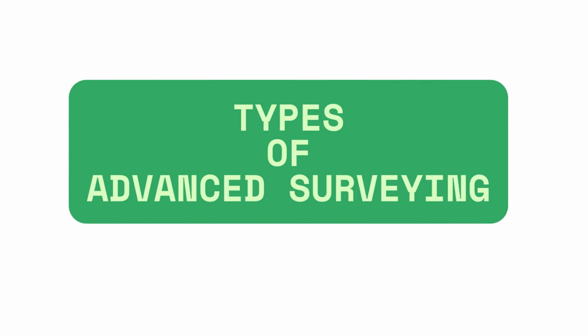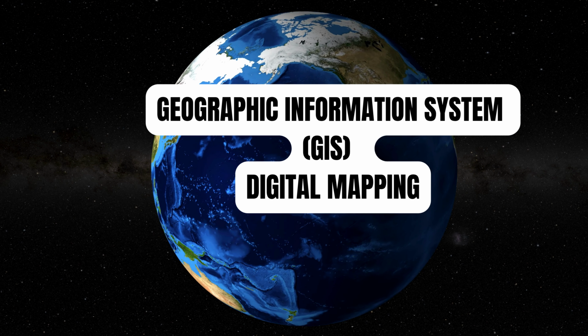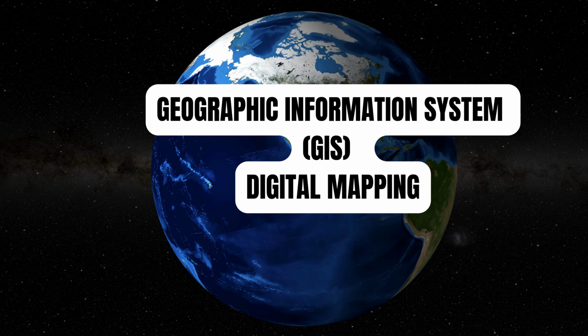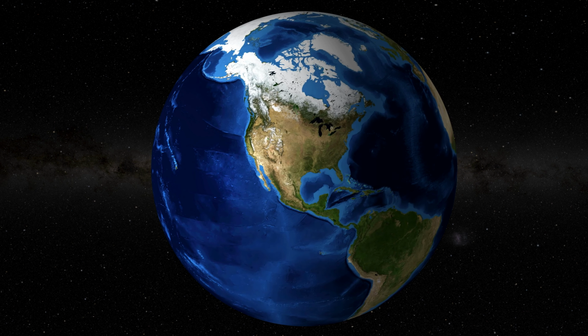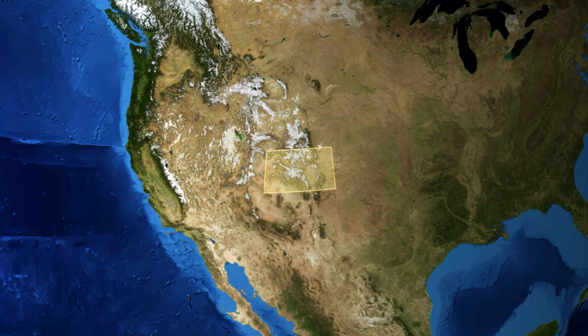Let's discuss various types under advanced surveying. 1. Geographic Information System, GIS, digital mapping. While satellite surveying gives us locations, GIS transforms this data into powerful digital maps. But GIS is more than just a map, it is a smart map. Imagine planning a city.